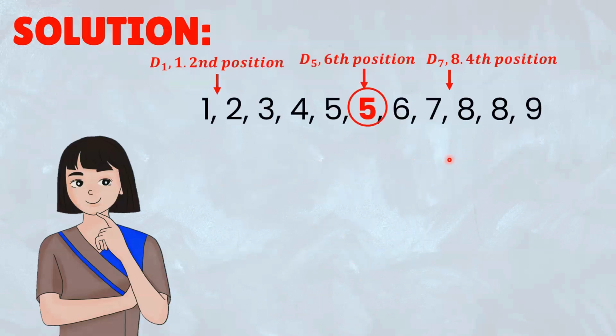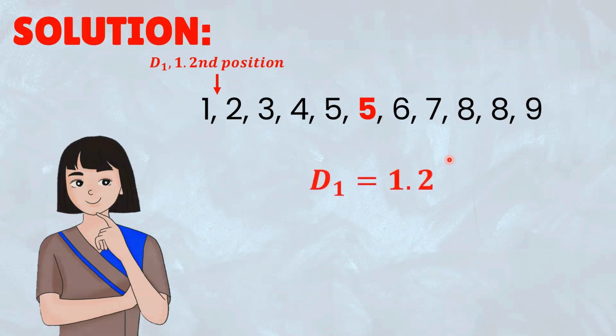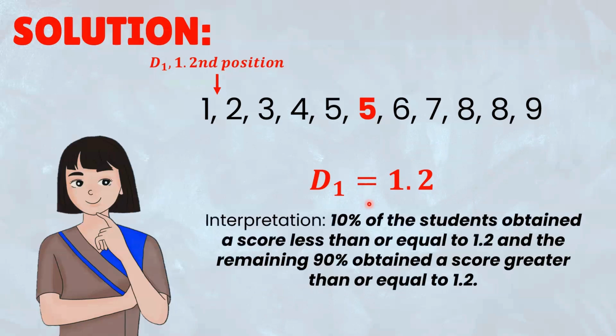Okay, let's now interpret the results. Let's begin with decimal 1 value. Decimal 1 value, which is equal to 1.2, means that 10% of the students obtained a score less than or equal to 1.2, and the remaining 90% got a score greater than or equal to 1.2.